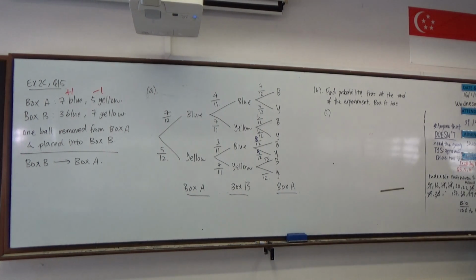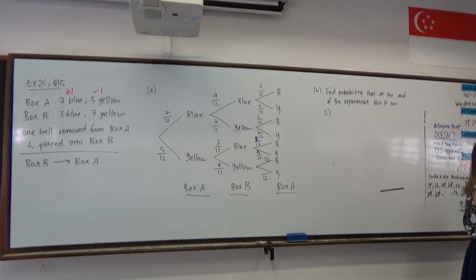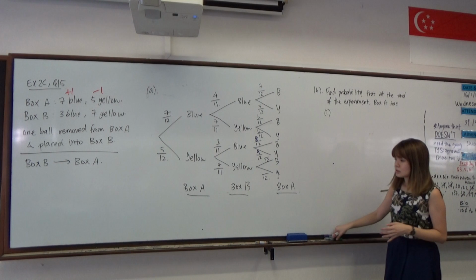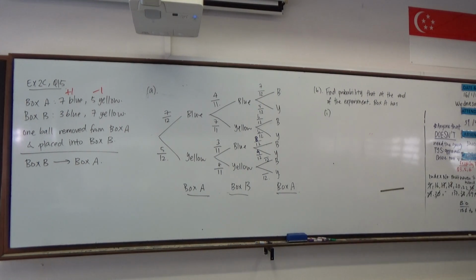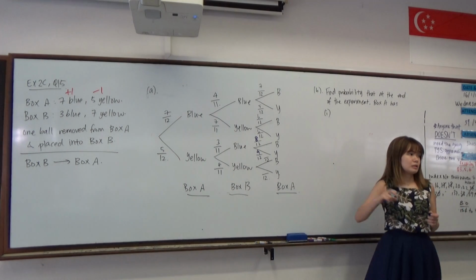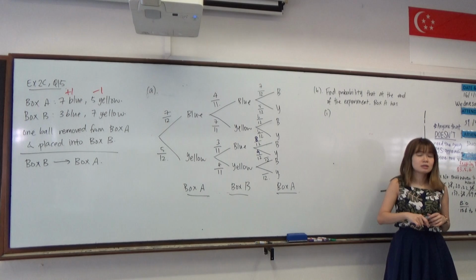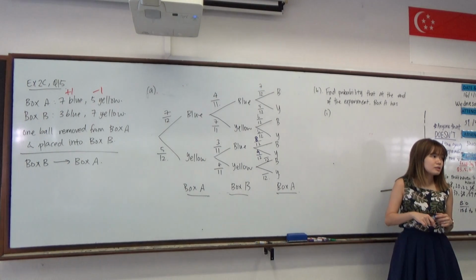Then do you want to complete the last part? What's the probabilities here? What would be the probability of choosing a blue ball at the end from box A? You understand the question?